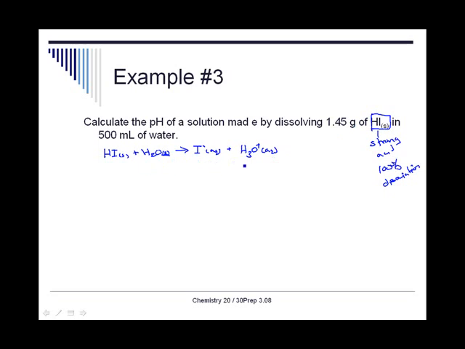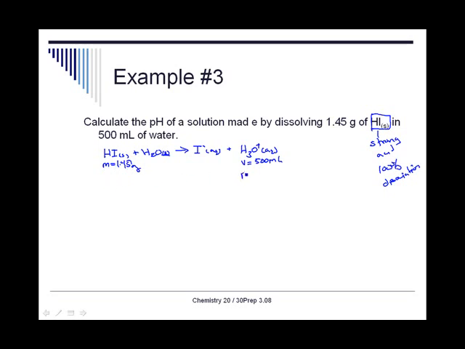When we put something in water, it becomes a solution. So I'm going to put the volume underneath my hydronium ions, just to remind me that that's the volume I'm going to use for concentrations. They gave us a mass of 1.45 grams, and it was the mass of hydrogen iodide.